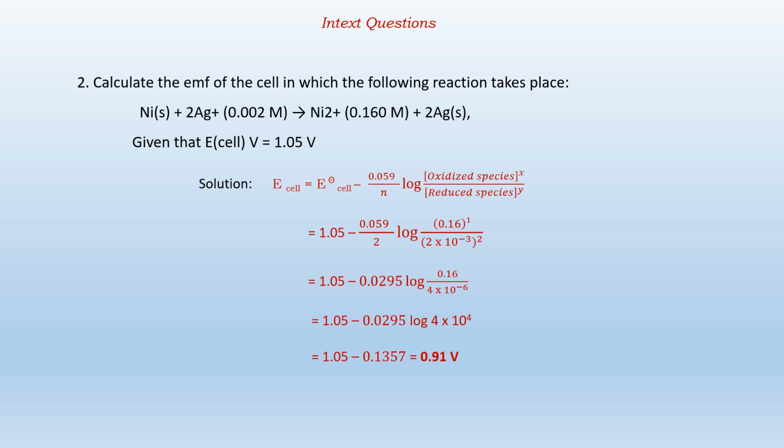The numerator and the denominator would cancel, log 1 is equal to 0, and 0 of anything is 0. Then it will be equal to the standard cell potential. But here the silver ion concentration is very much decreased, and hence the logarithmic part will have a higher value. If it has a higher value, then it shows the reduced potential.